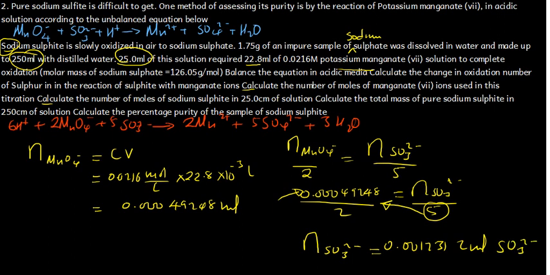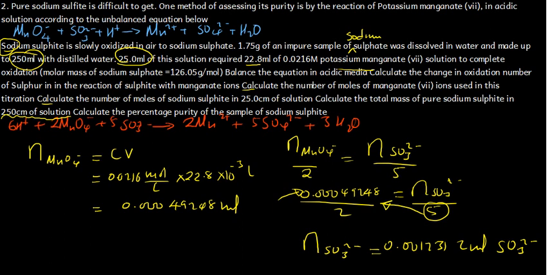Now the other question says, calculate the total, okay, before that, calculate the total number of moles of sodium sulfite in 25 milliliters of solution. Then, calculate the total mass of pure sodium sulfite in 250 milliliters of solution.